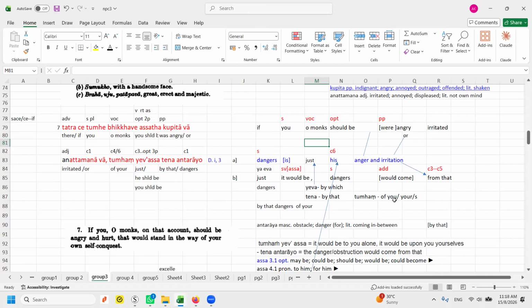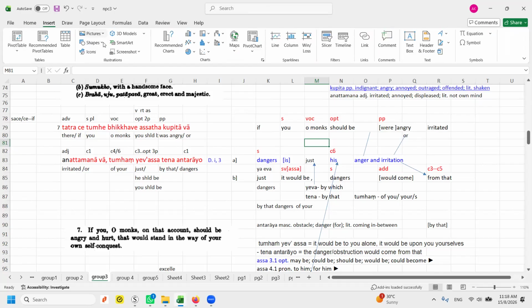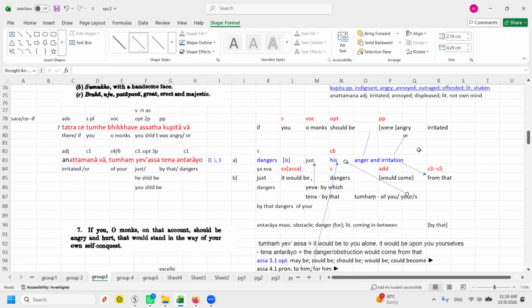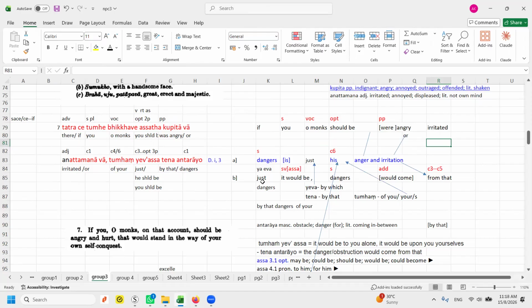yours. You can see I'm going to change it to his. So when you say the danger is just his irritation or anger. So this line sounds very clear, and then you know what it is talking about.